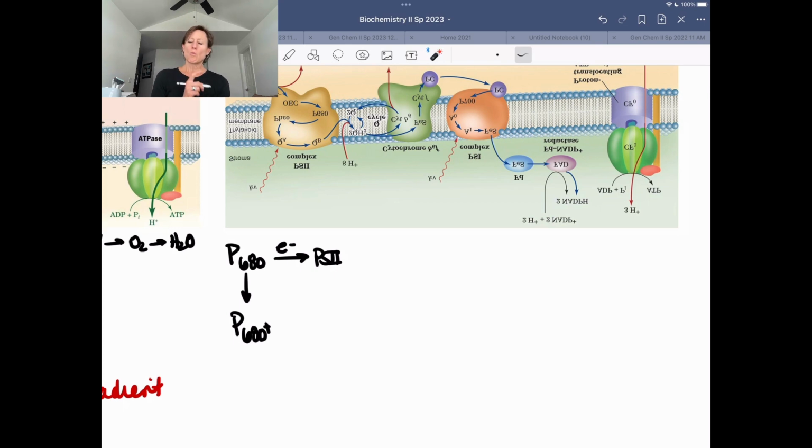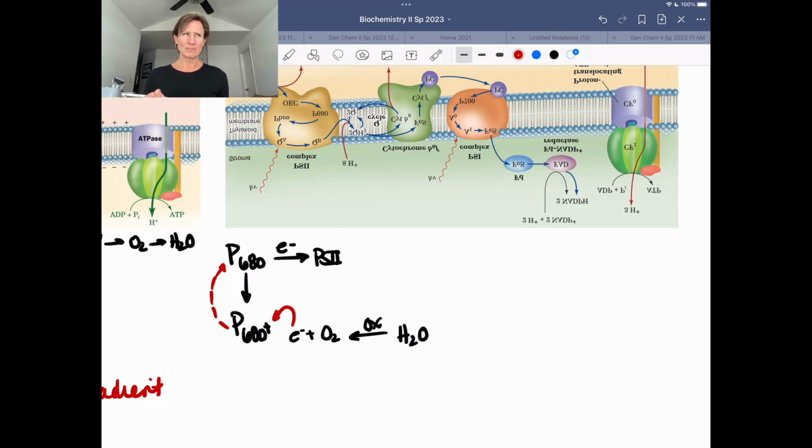So what needs to happen here is we need to replace that electron, and this is where the electrons really come from water. So we're going to be talking about water. Water is going to be oxidized. So we're going to oxidize water, generating molecular oxygen and then an electron. And that electron is ultimately what gets delivered to P680 plus, that cation, to allow it to go back and become its neutral state.